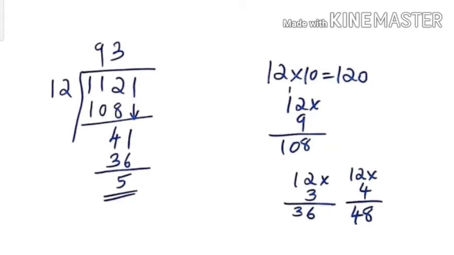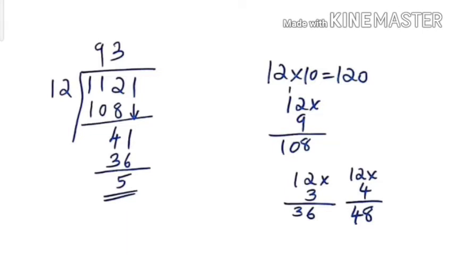Second example: 1121 divided by 12. Firstly, we can't divide 12 from 11. So combine the first three numbers. 112. How many 12s are there in 112?